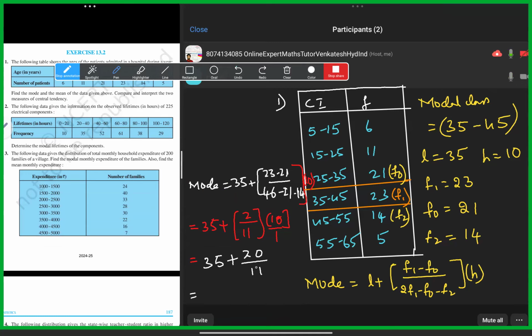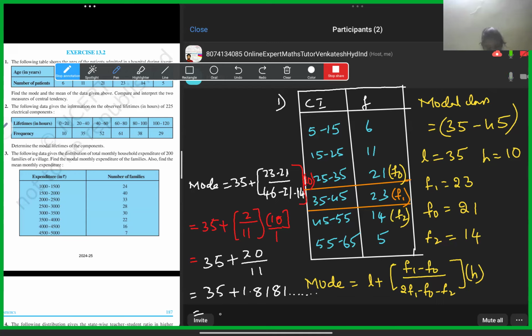You'll get 35 plus 1 point, 11 times 1 is 11, 90, 8's are 88, 20, again 1 will come, 90, 88, again the same, 1.8181 and so on it will go.